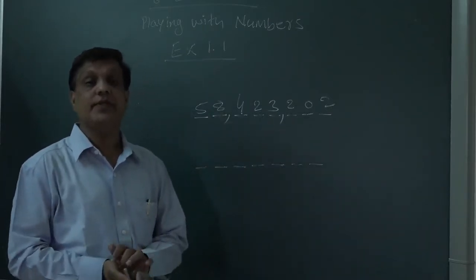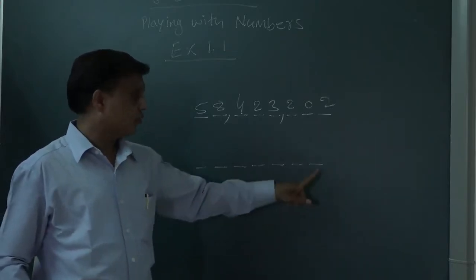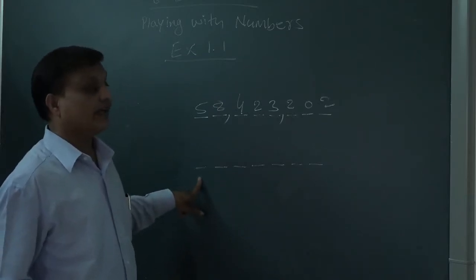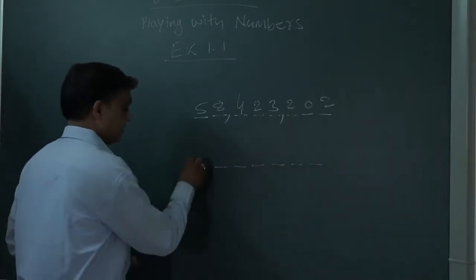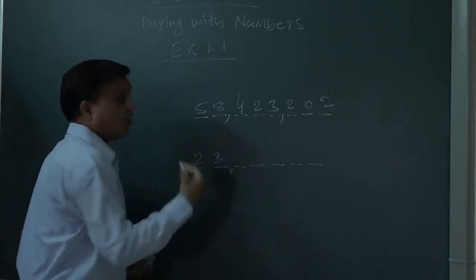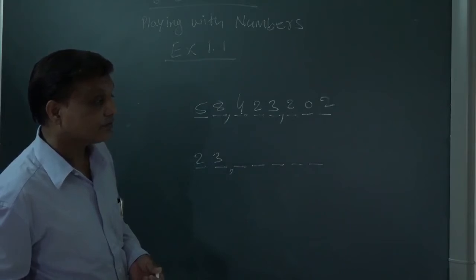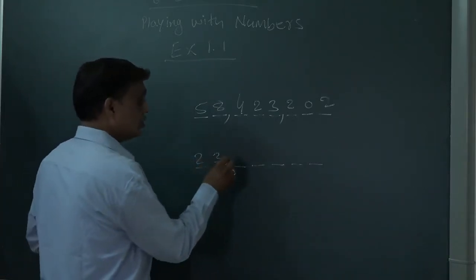Ones, tens, hundreds, thousand, 10,000, lakh, 10 lakh. Now this question is according to the Indian system, so we put the places according to the Indian system. Why did I take 10 lakh? Because 23 lakhs is given. So this is 23 lakhs.